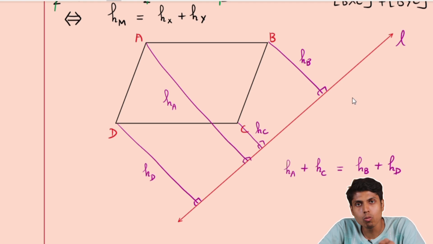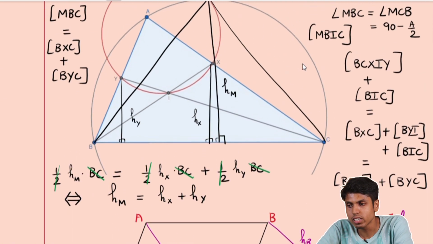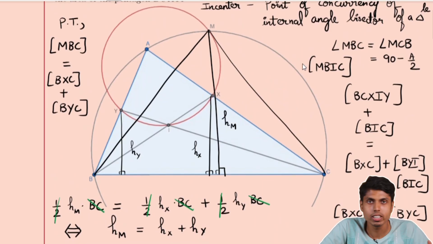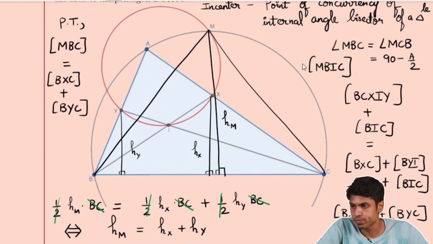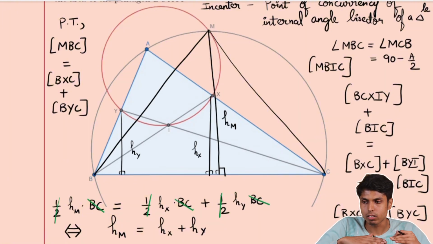And that is exactly what this configuration reminds me of. This configuration along with the condition that we require to prove. You see, the perpendiculars from 3 vertices all lie on the line BC.